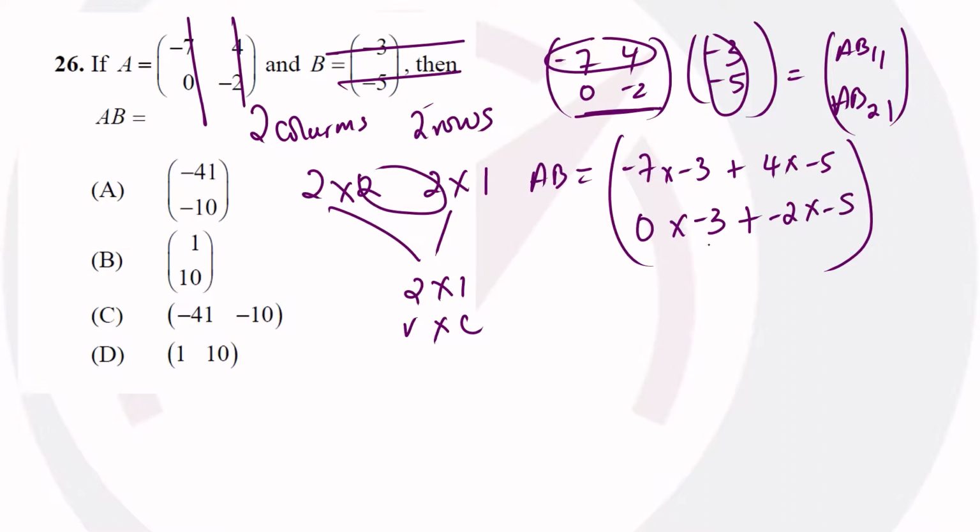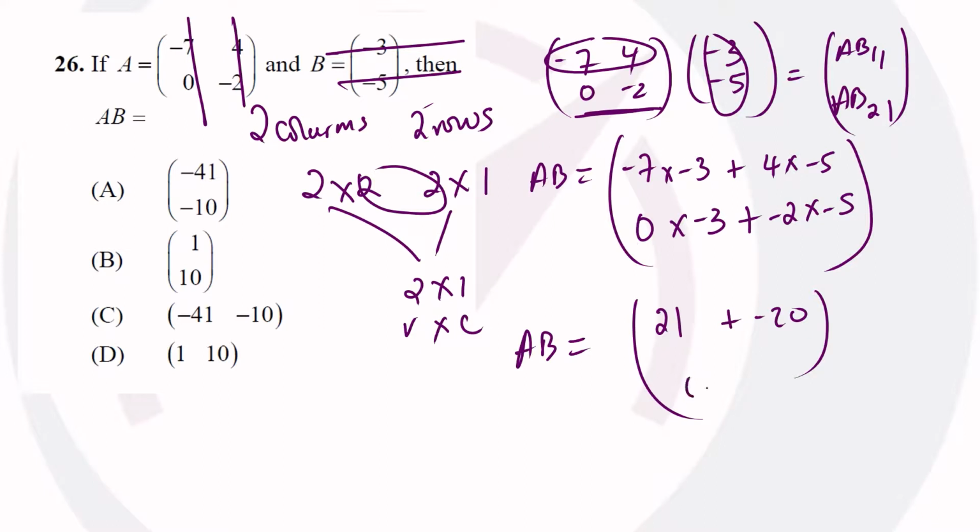When you realize that these numbers stay the same, hence -3 times -7, we get +21. And this is going to give us plus -20. Still AB. And then we have 0 times -3.